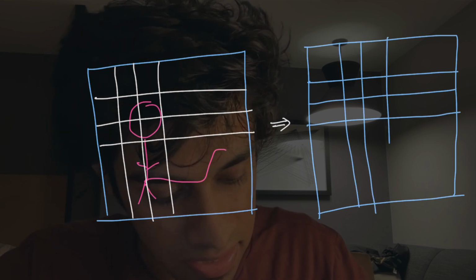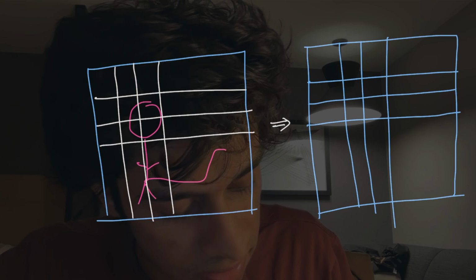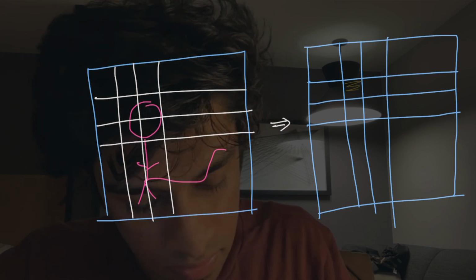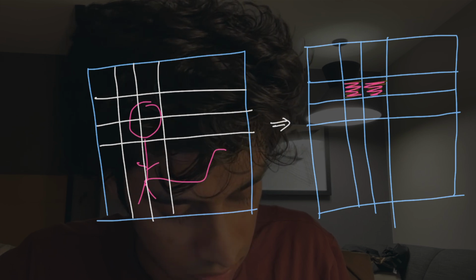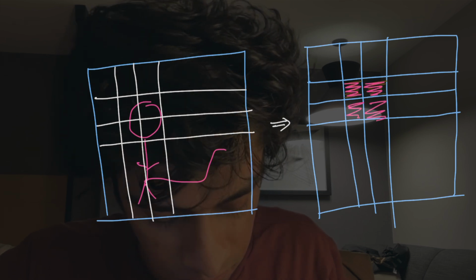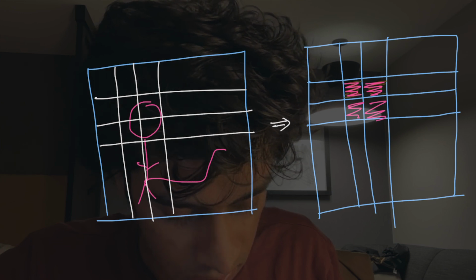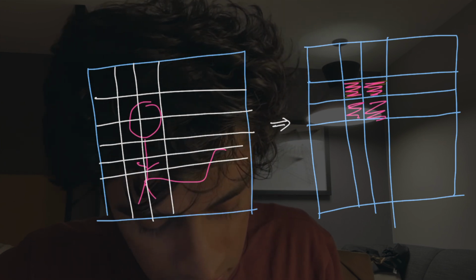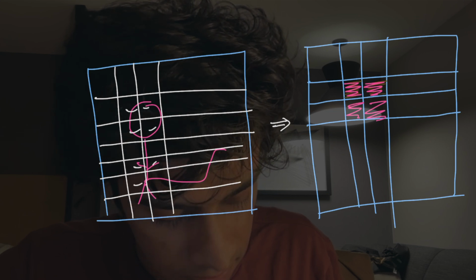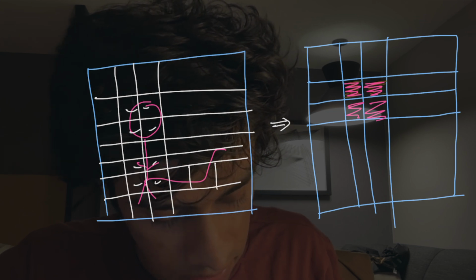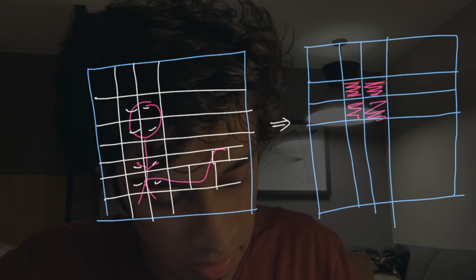And hence our current cat would look something like, or rather, let's say all these pixels are empty. So only this, and this, and this pixel is basically filled.